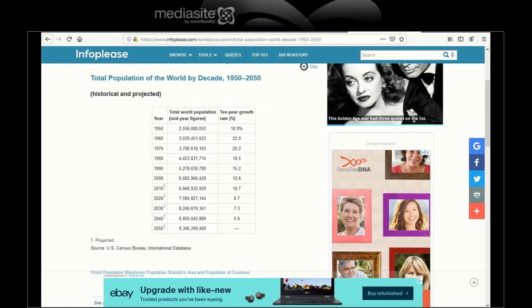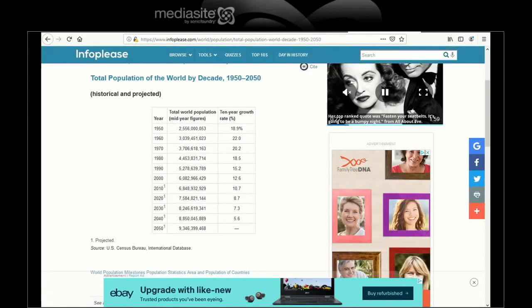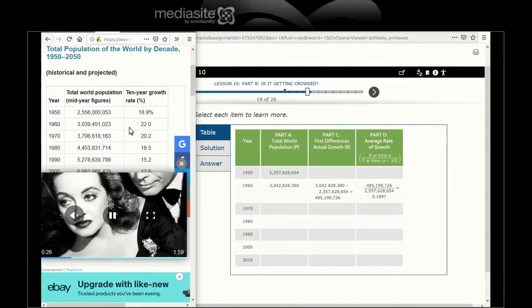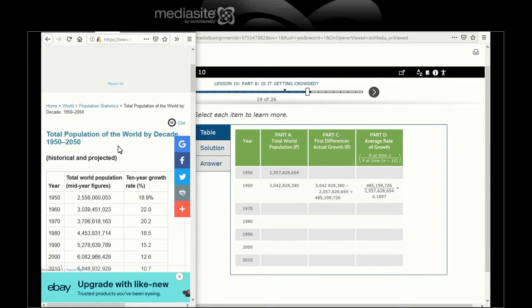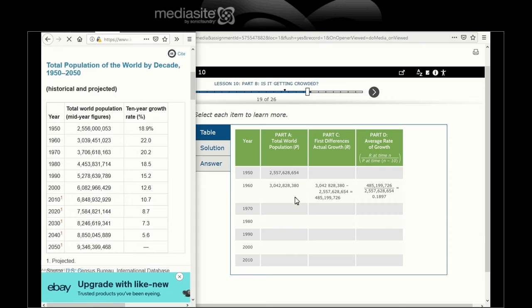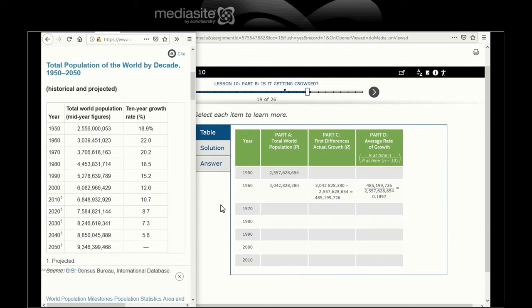So let's see, how does this compare? This one says 1950 was 2556, 2557, close enough. 3042, 3049, oh, nuts. Right. So let's see.